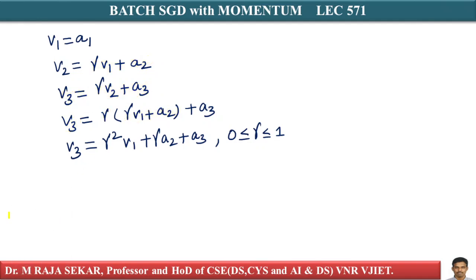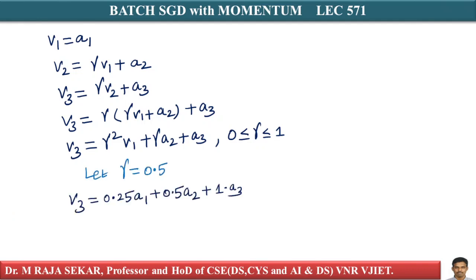Remember, gamma lies between 0 and 1. This gamma is something less than 1. As it lies between 0 and 1, let's say gamma equal 0.5. Then V3 is 0.25 A1 plus 0.5 A2 plus 1 into A3.